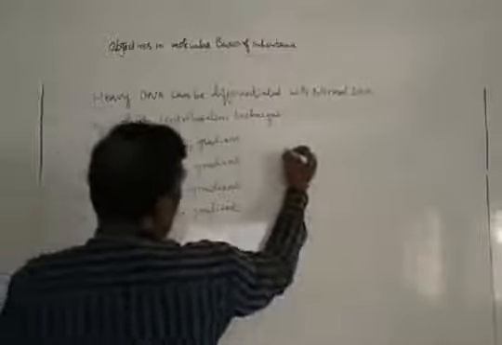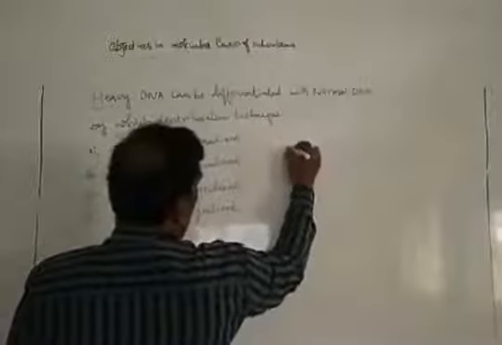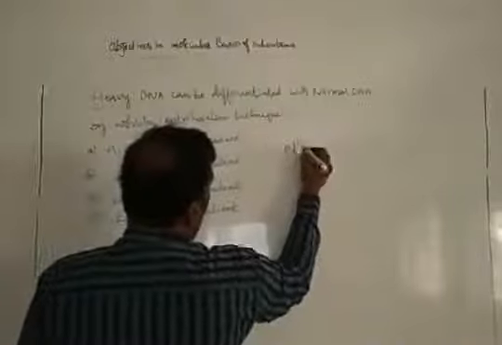So it is a direct question. The heavy DNA contains N15, nitrogen-15, in the nitrogen bases of the DNA.